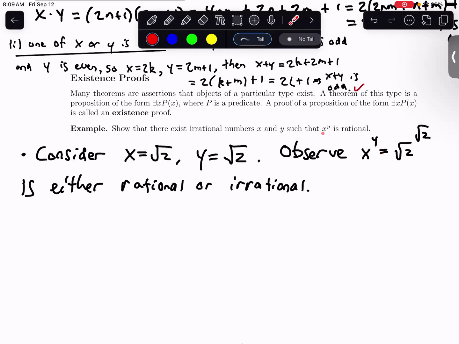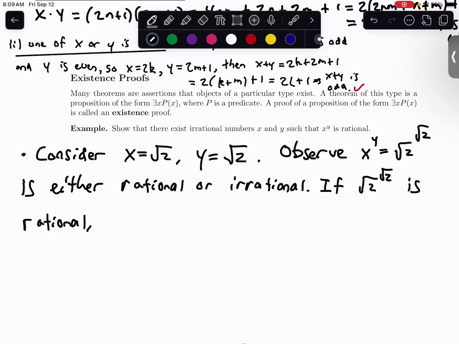Because we wanted to find two irrational numbers such that if you raise one to the other, it's going to be rational. So we can say if the square root of 2 to the square root of 2 power is rational, then we're done. Otherwise, it's irrational and we have to keep on going. So it's irrational.